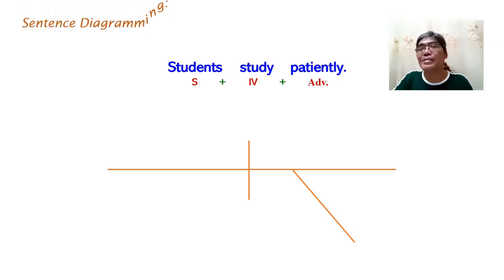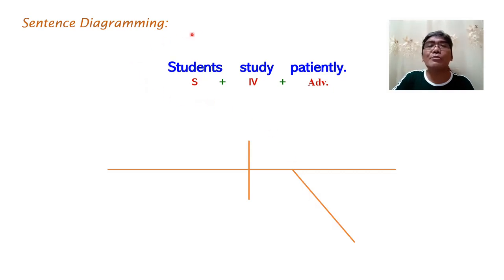Let's now diagram the sentence, students study patiently. This is the horizontal line for the base sentence. This is the vertical line to separate the complete subject from the complete predicate. And this is the slanting line for the adverb to modify the intransitive verb.